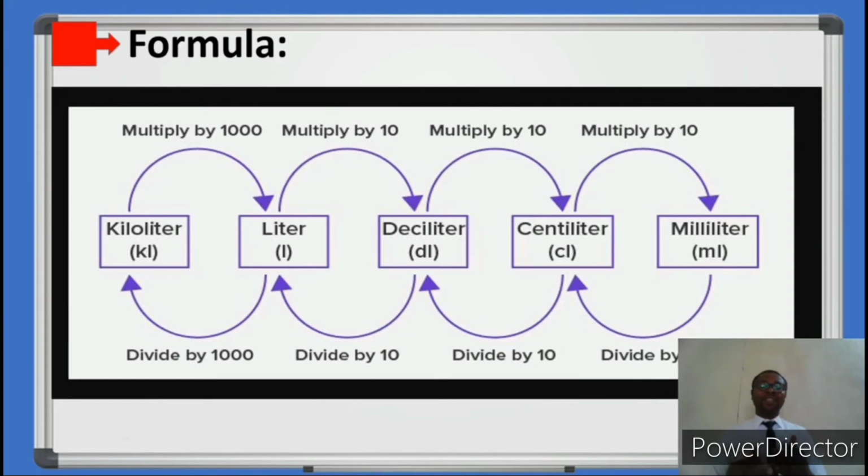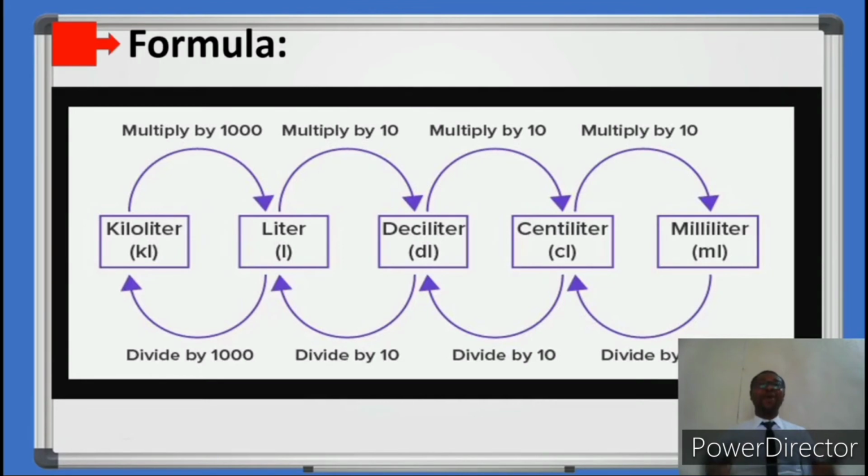Similarly, if we're converting from deciliter to centiliter, we also multiply by 10, because 10 centiliters is equal to 1 deciliter. And lastly, if we are converting from centiliter to milliliters, we also multiply by 10. What if we want to convert from milliliter to deciliter?